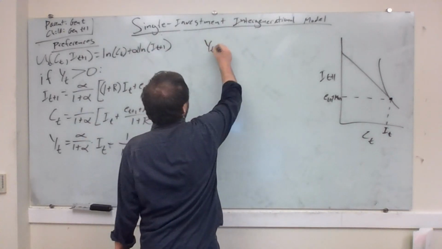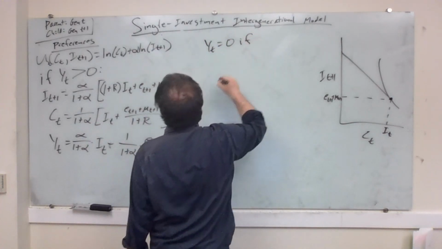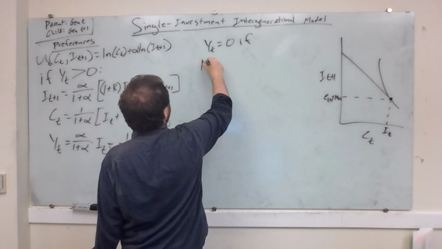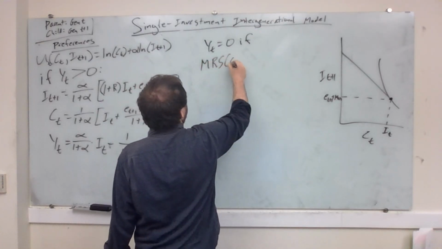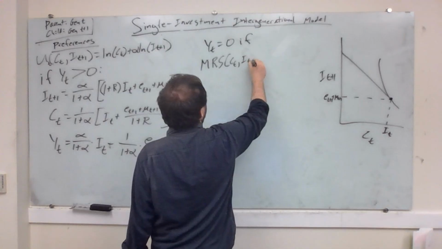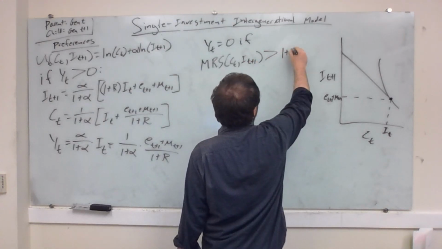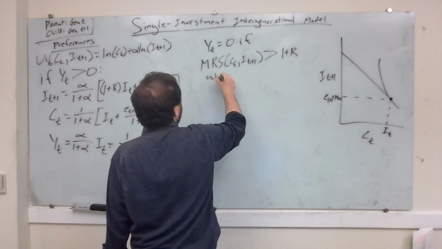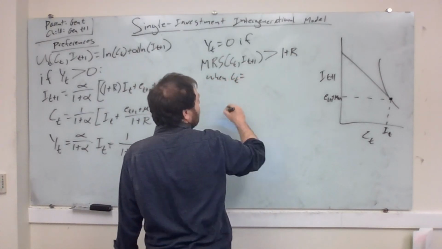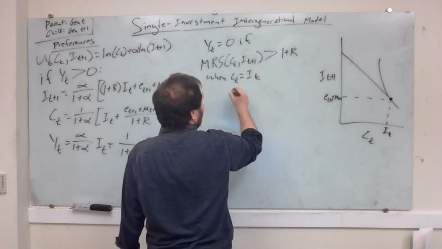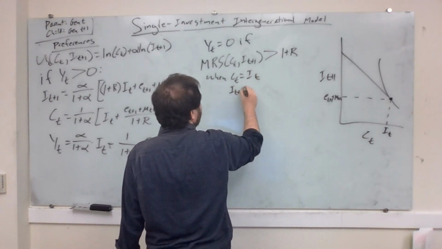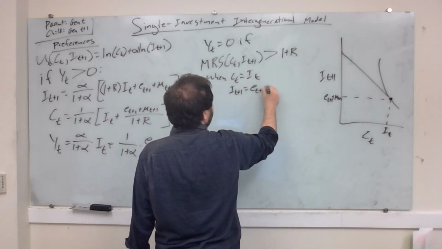So we'll say yt equals 0 if our MRS is greater than 1 plus r when CT is equal to IT and IT plus 1 is equal to our luck.